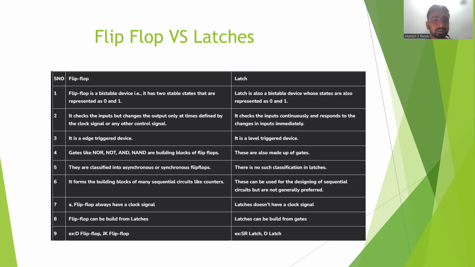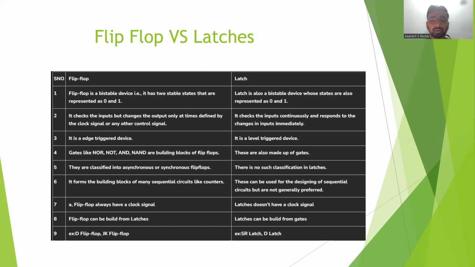Flip-flops use gates like NOR, NOT, and NAND as building blocks. Latches are also made up of gates, but different ones. Flip-flops are classified into asynchronous and synchronous flip-flops. Latches have no such classification. Flip-flops form the building blocks of many sequential circuits like counters.